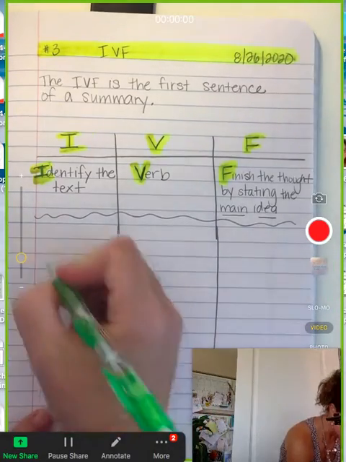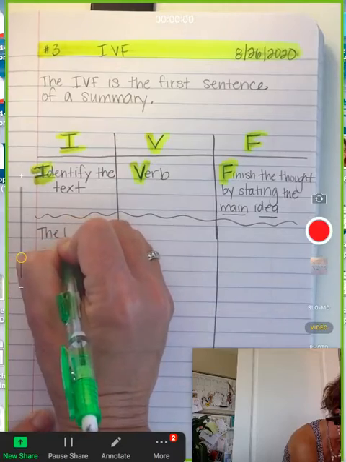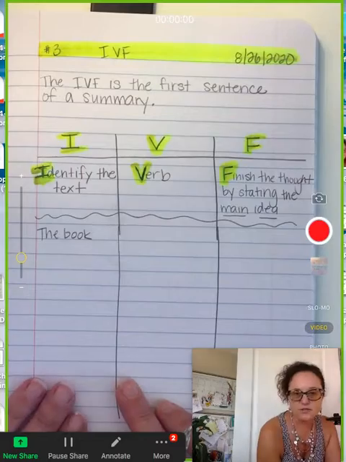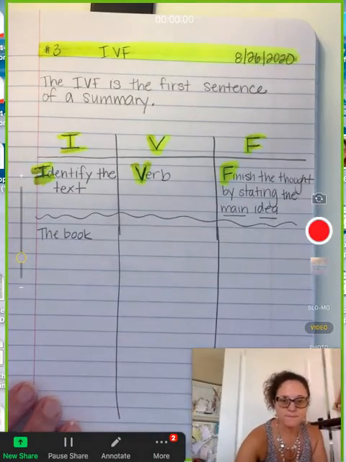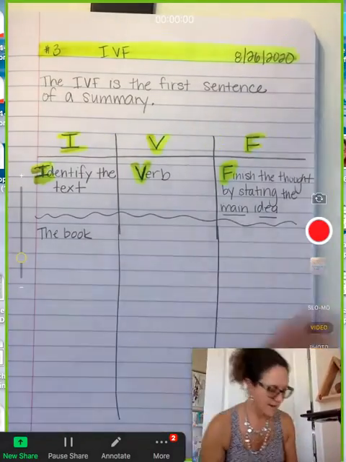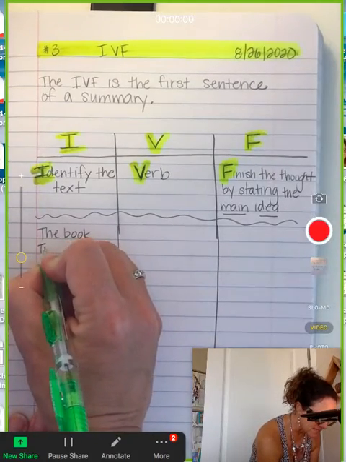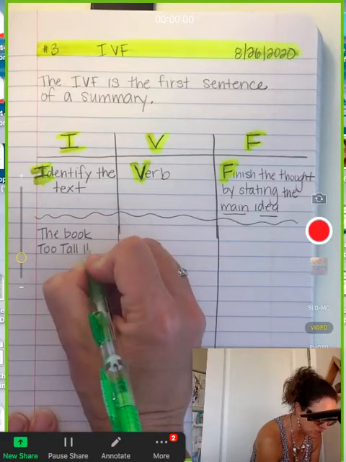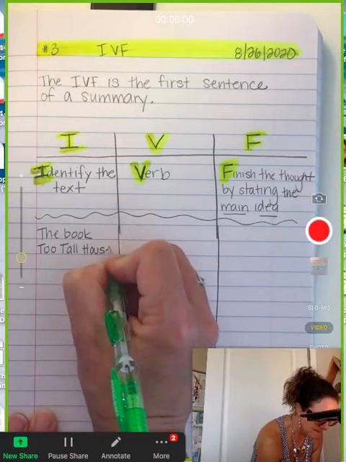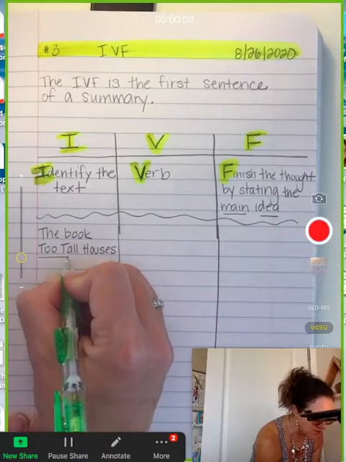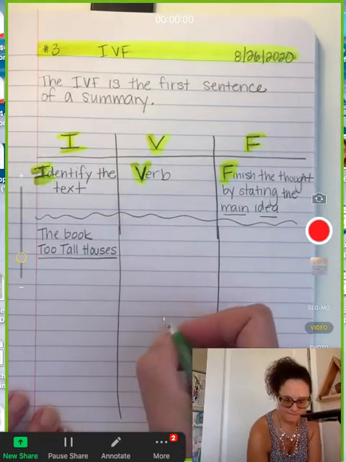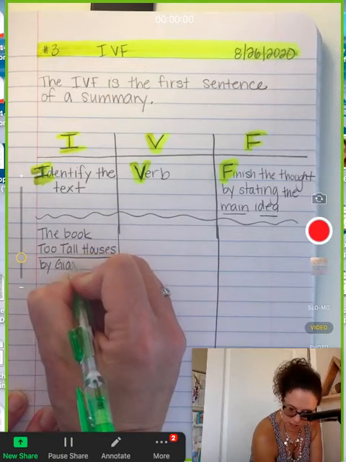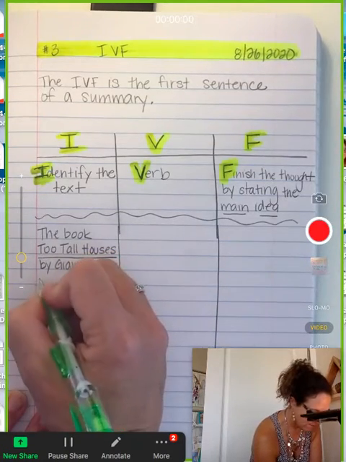Okay, so we're going to say the book 2 Tall Houses by Gianna Marino. That is the identify the text part. Let's do it. The book. So I'm going to put this in my column under the I so we can keep it all straight. The book, 2 Tall Houses. And because it's the title of a book, I capitalize each word and underline it, by Gianna Marino.